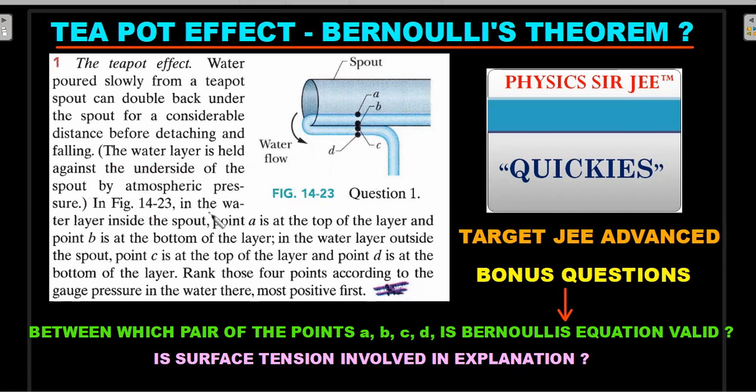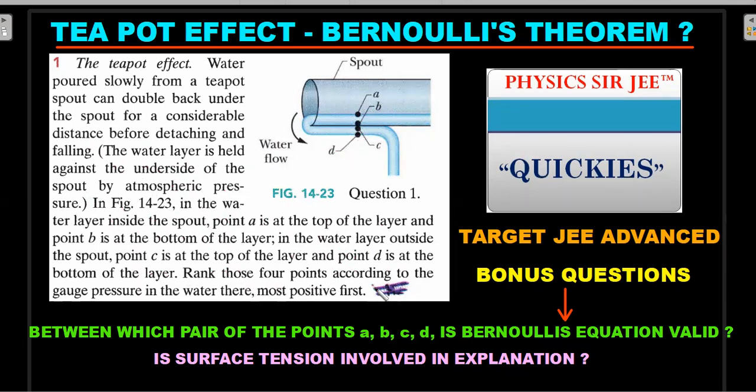In this figure, in the water layer inside the spout, point A is on the top of the layer and point B is the bottom of the layer. In the water layer outside the spout, that is the liquid that came out, point C is at the top of the layer, which is attached to the solid, and point D is at the bottom of the layer. So A, B, C, D in sequence are the 4 points inside and outside.